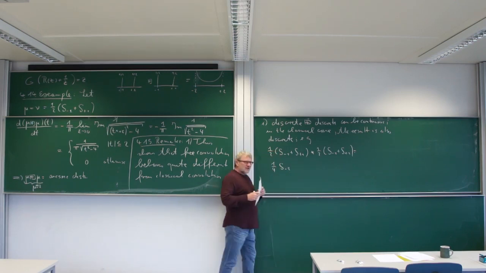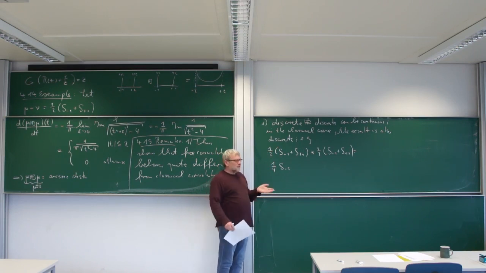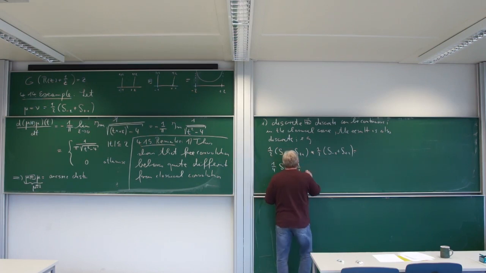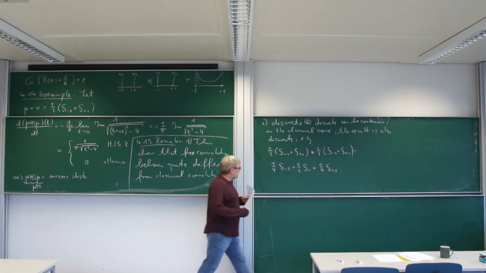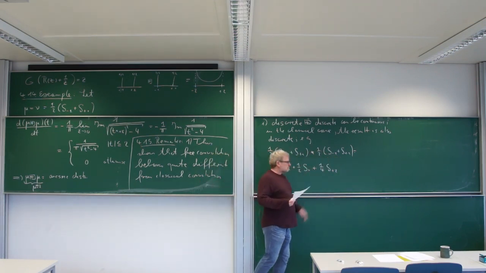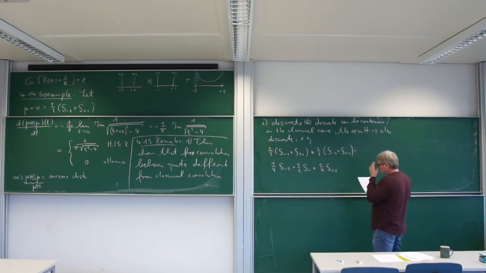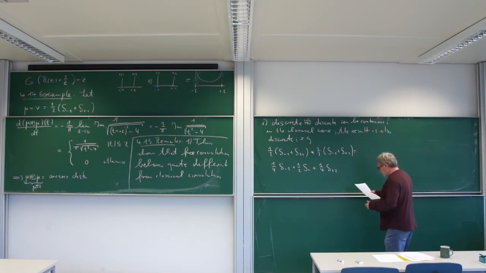Then 0 can happen if one of them is minus 1 and the other is plus 1, and there are two possibilities for this, each with probability 1/4, so this actually happens with probability 1/2. Then, of course, it can also happen that I get a 2 if both of them are equal to 1. Okay, so you see, I get here again a discrete one.